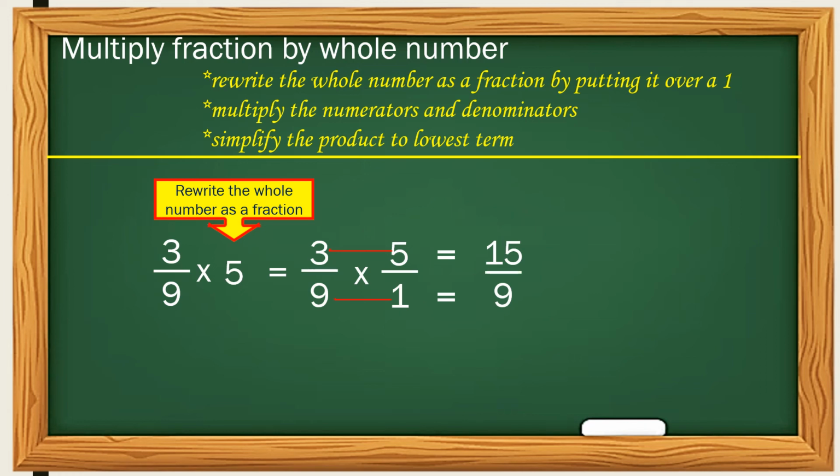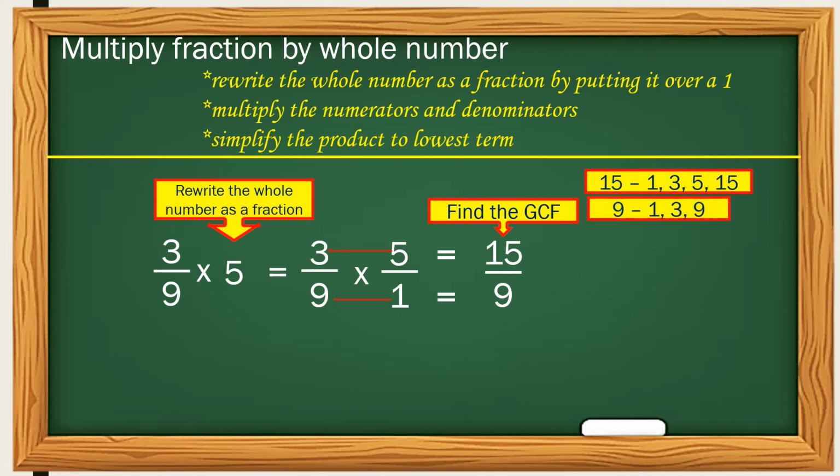Okay? So, simplify the product to lowest term. So, ano gagawin natin? Find the GCF of 15 and 9. So, ngayon, we're going to list down all the factors of 15. The factors of 15 are 1, 3, 5, and 15.